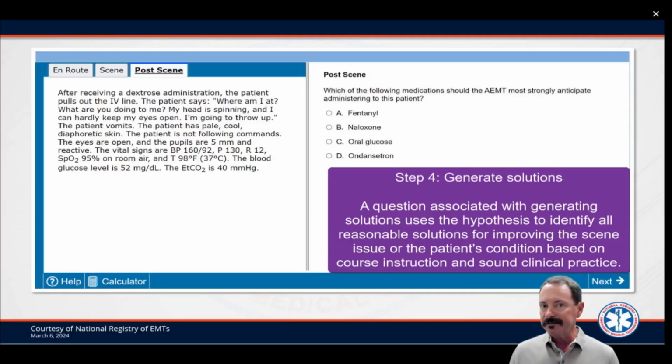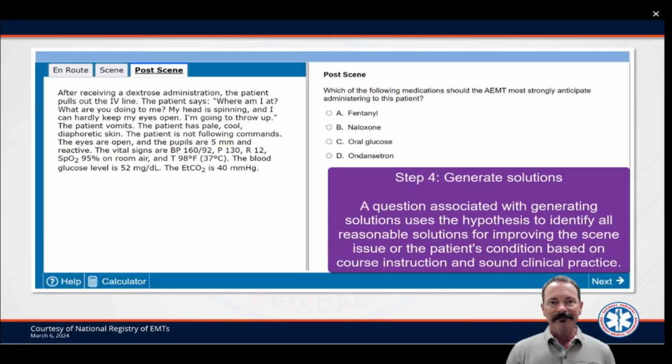Well, we've got fentanyl for pain management, naloxone maybe for an overdose of an opiate derivative drug, oral glucose administration because the advanced cannot give IV dextrose, only the paramedic can, and ondansetron, which is Zofran, an antiemetic.